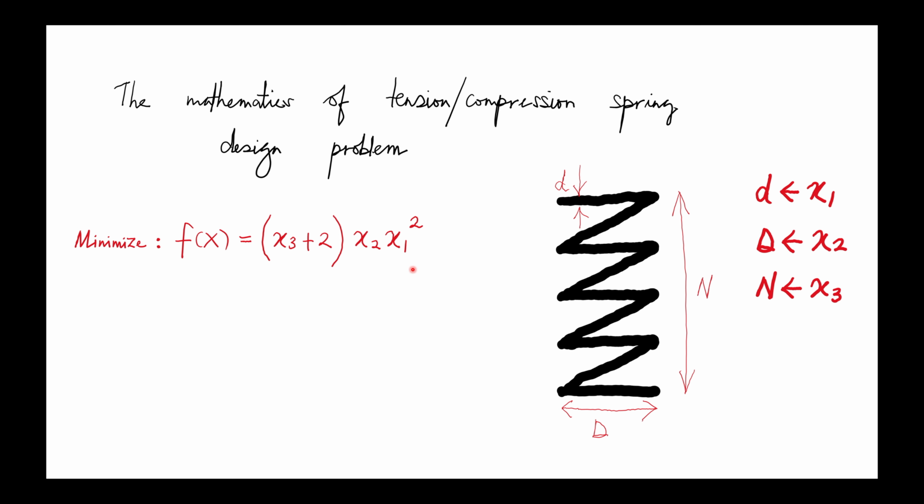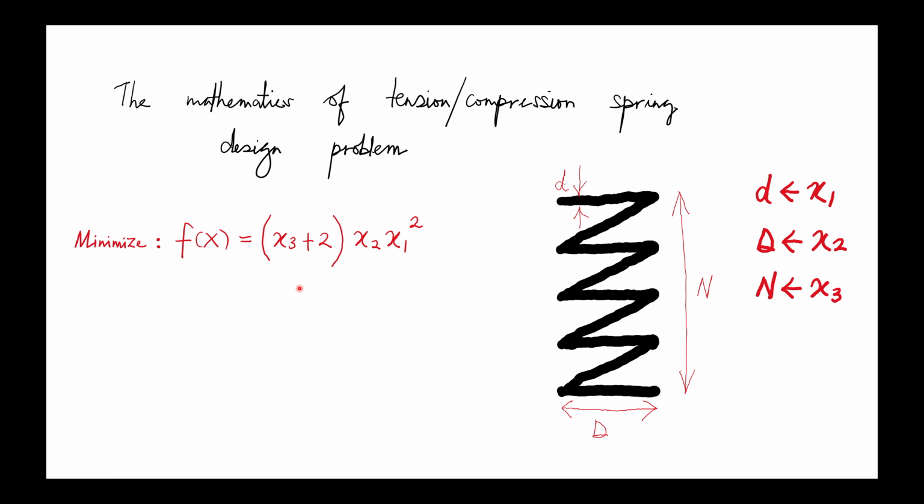In this case, x1 is representing the wire diameter, x2 representing the coil diameter, and x3 representing the number of active coils. So the weight can be calculated using these equations.